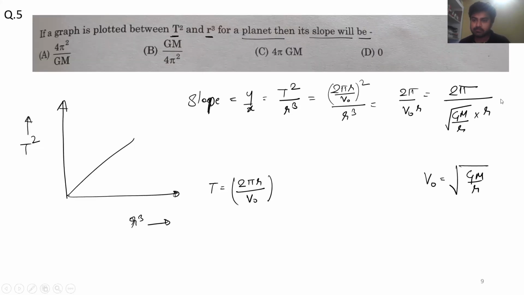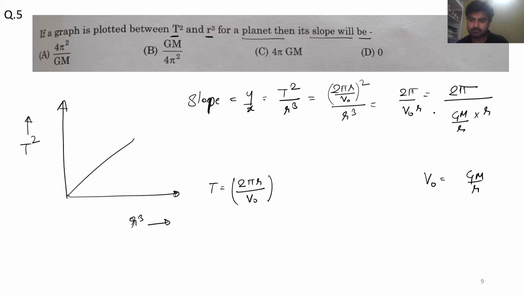What was the option? Okay, so v naught was gm by r, not root gm by r.